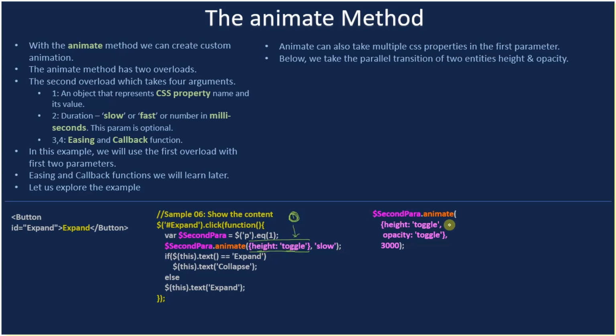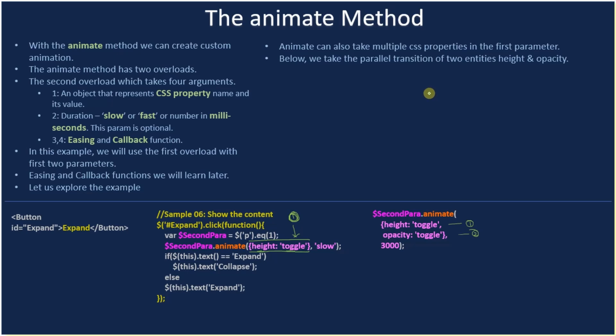Now we changed it to take two properties. One is the height transition, and the second one is the opacity. This is the height property, this is opacity. Both we are giving as toggle. This time instead of slow, we give a specific duration in milliseconds. This is 3000 milliseconds, so the transition takes place in 3000 milliseconds or 3 seconds.